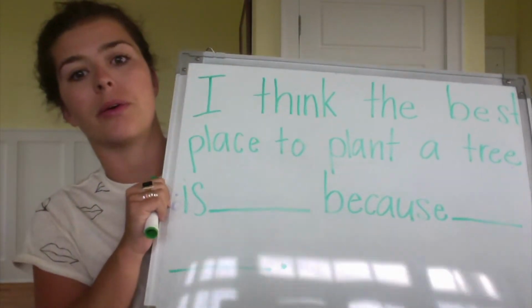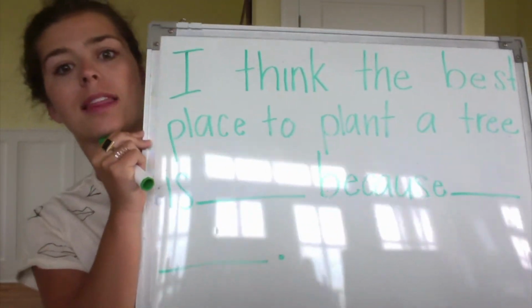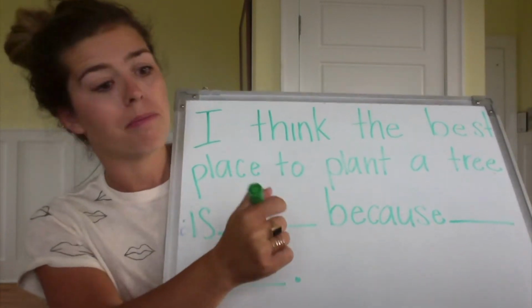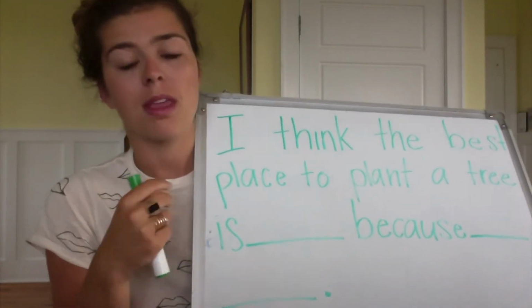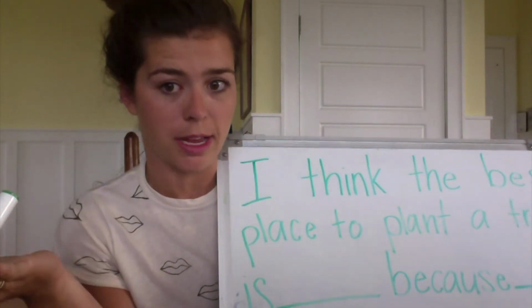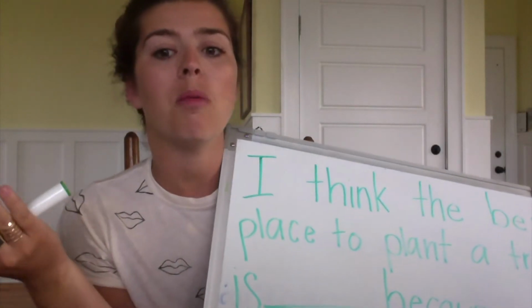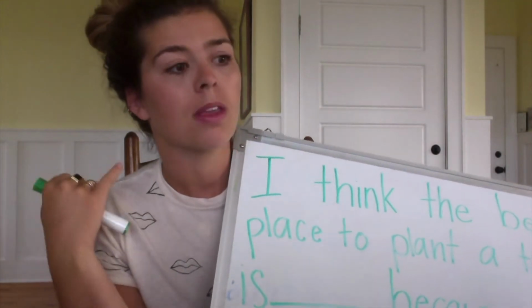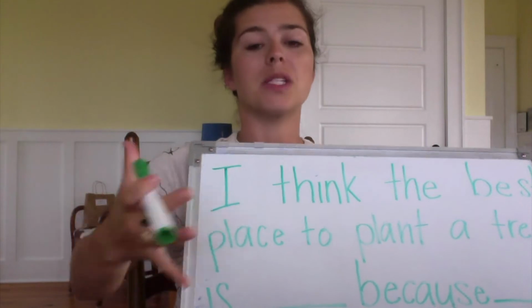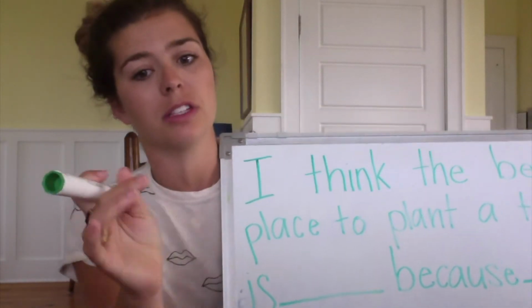And this sentence is going to say, I think the best place to plant a tree is, because, okay? So I want you to think about where you think the best place to plant a tree is and why. Think about what a tree needs to live, what a tree needs to grow, and then where that place would be for that tree to live and survive the best.